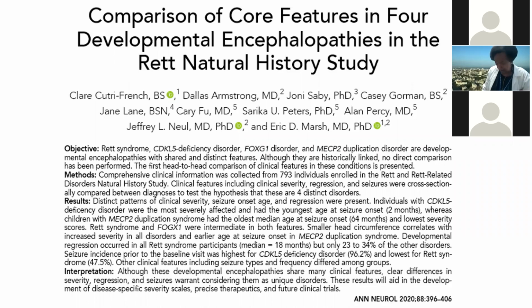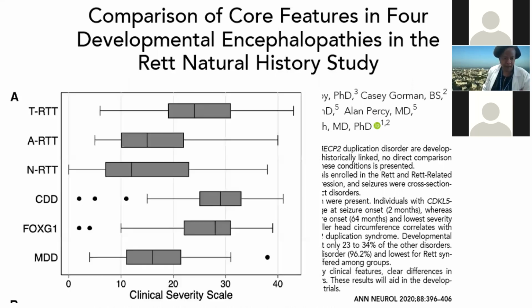encephalopathies. Okay. And I want to show you the results of this study from the NIH that included patients who have atypical Rett, okay, and not typical Rett syndrome. These are the ones who have duplications, etc. Patients who have CDKL5, patients who have FOXG1 mutation, and patients who have MDD, and they were comparing clinical severities, okay?